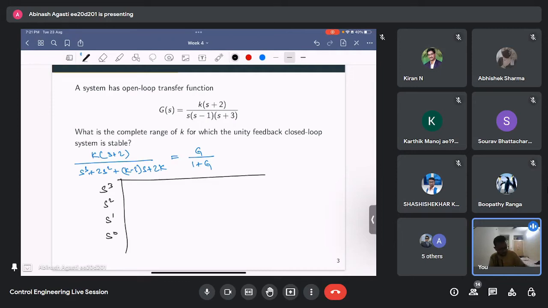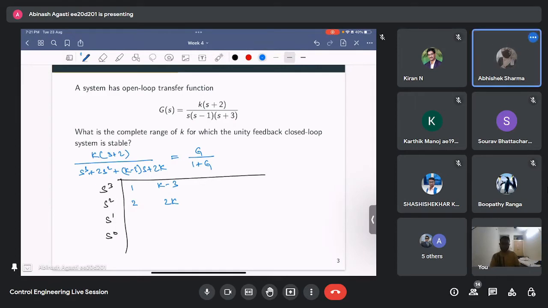As per the last question, we'll fill it up. 1, 2, K minus 2, 2K. Right? So now help me fill this one. What should go here? Minus 3.